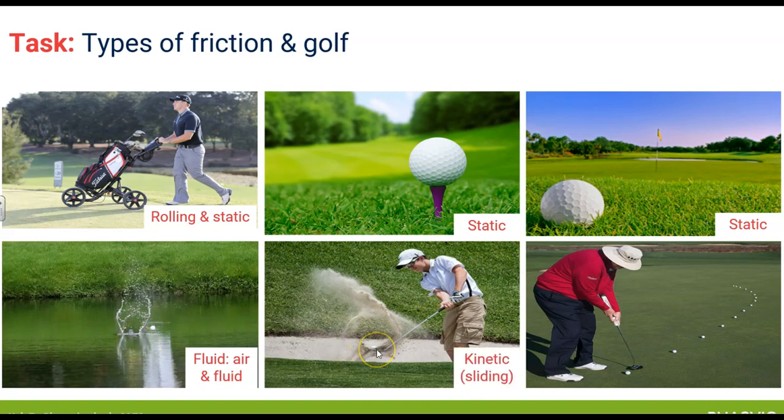We've got sliding friction or kinetic friction as the ball slides through the grass. You could argue it would be fluid friction as the ball goes into the air also maybe. And then as we know already, we would have kinetic or sliding friction initially, and then rolling friction as the ball travels along the green.